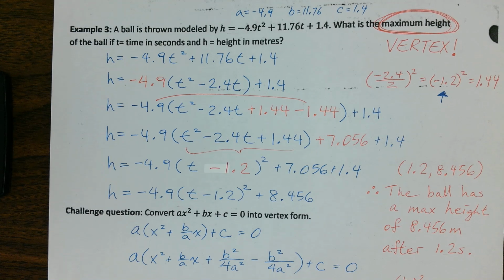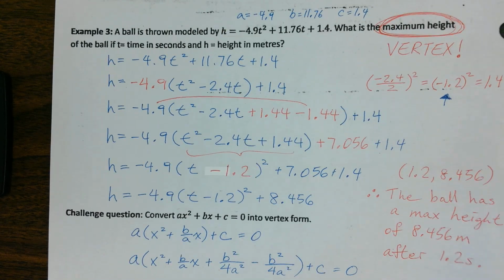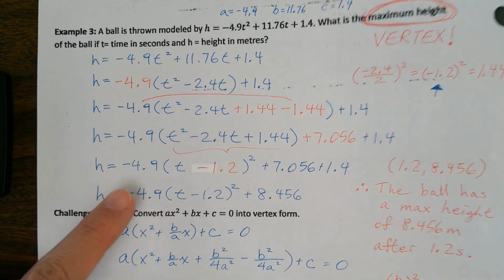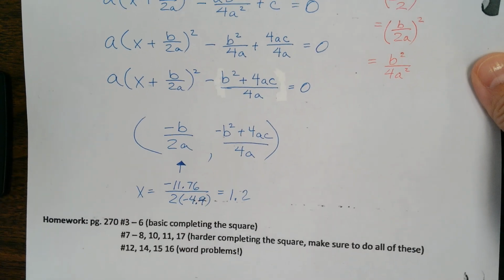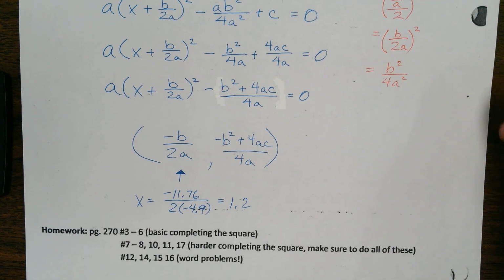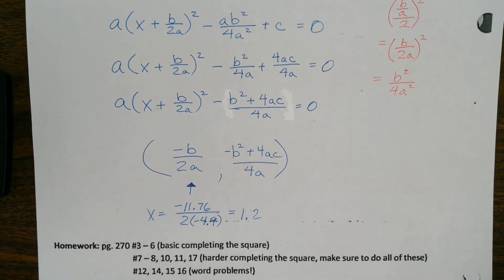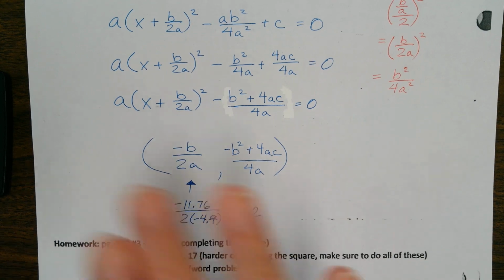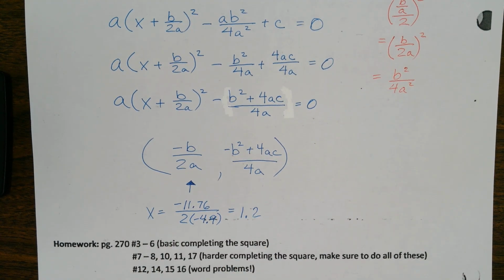So you just learned two methods: one, the complete the square method; second, the shortcut method. On the test, obviously, it will say solve by completing the square. Actually, this is just a bonus method.